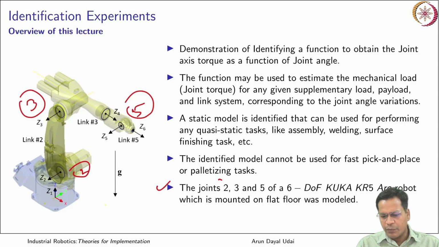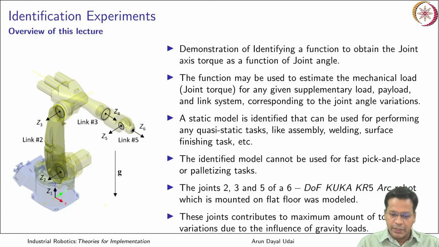I am doing it for a 6 degree of freedom KUKA KR5 arc robot, which is mounted on a flat floor. It is not mounted on the wall or on an inclined plane or on a ceiling. That is what I am assuming. These joints contribute to the maximum amount of torque variation due to the influence of gravity load.